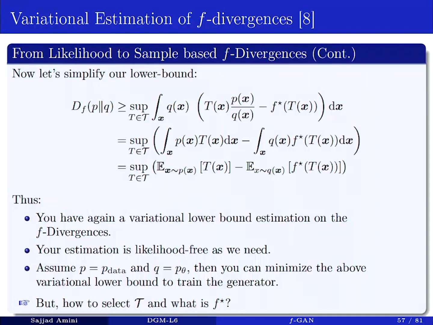Assume that the divergence as a function of your p_theta is something like this, but you are minimizing a lower bound. For example, this is the lower bound. You are minimizing the lower bound, not the divergence itself. Minimizing the lower bound is not equivalent to minimizing the function itself.